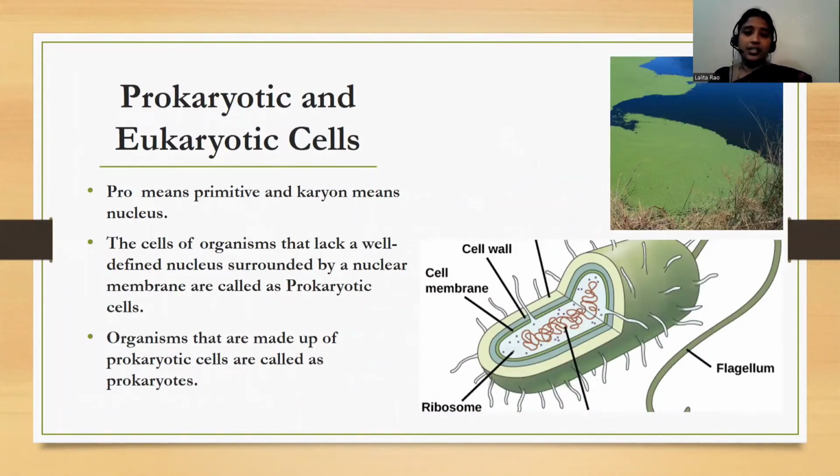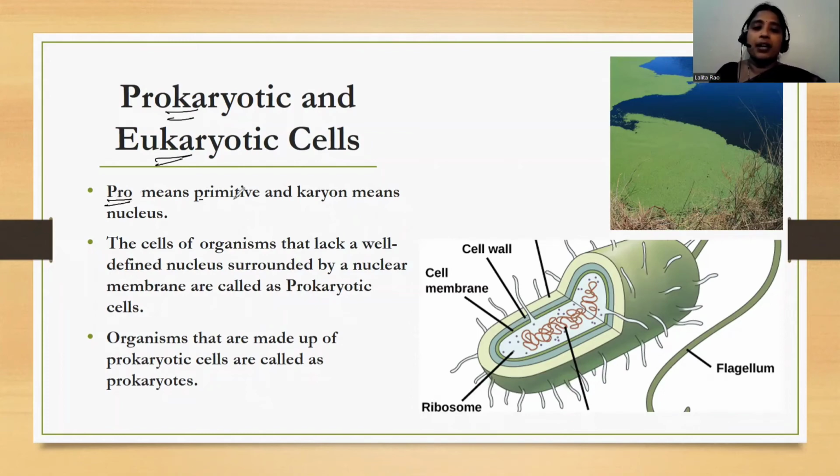They have a nucleus. The nucleus of all the cells is not well defined. Depending upon whether the nucleus is well defined or not, they are categorized as prokaryotic and eukaryotic cells. Now, what do we mean by prokaryotic cells?